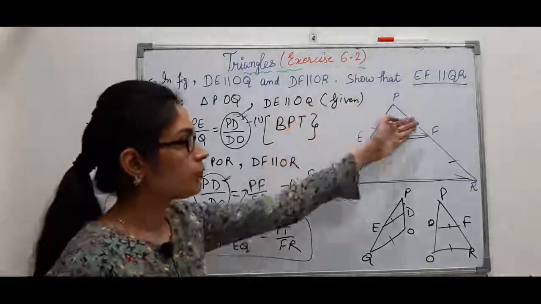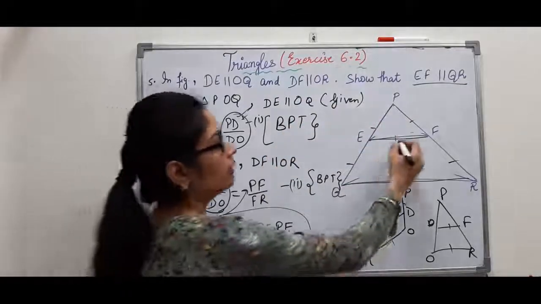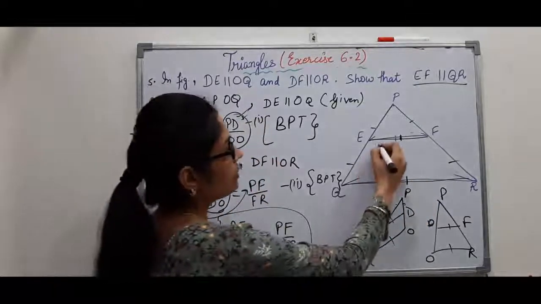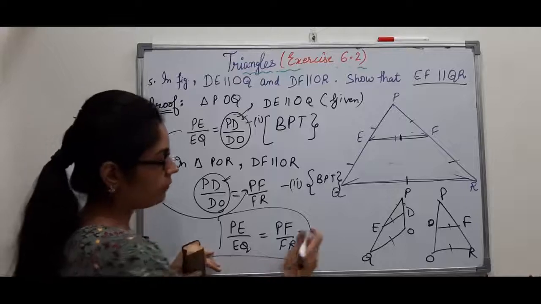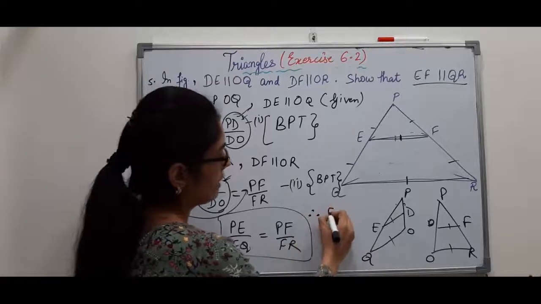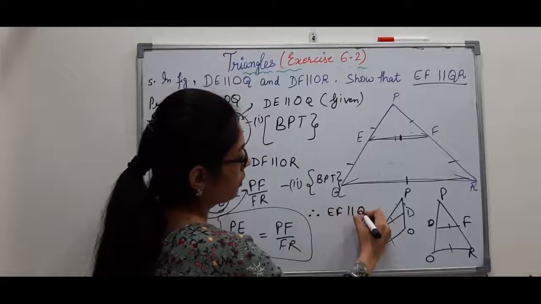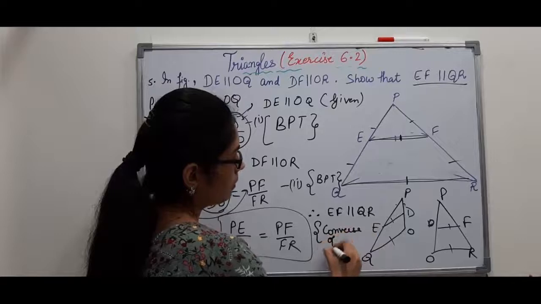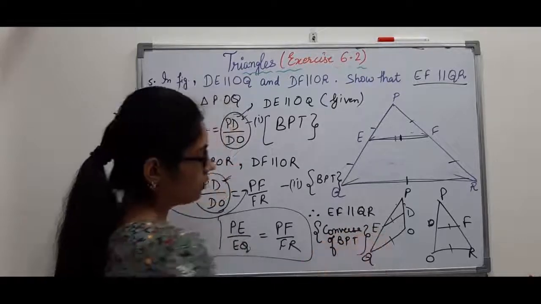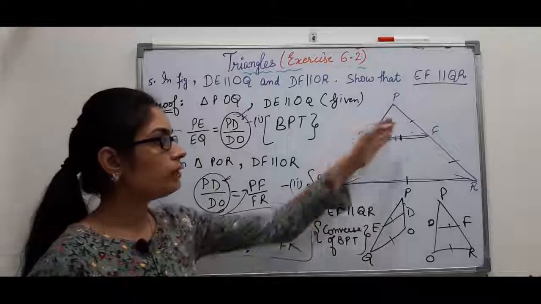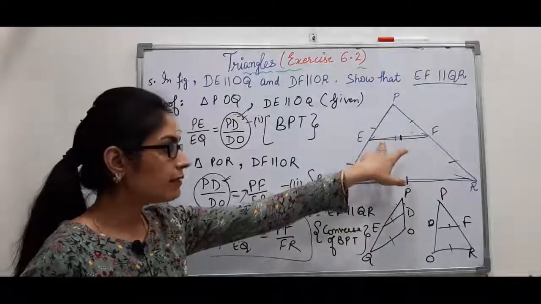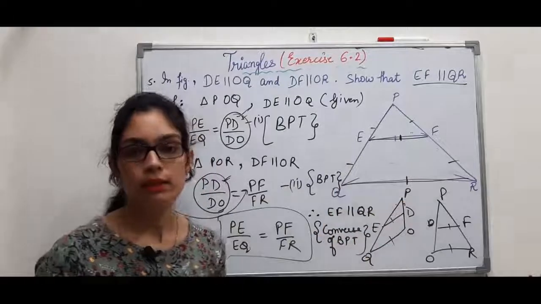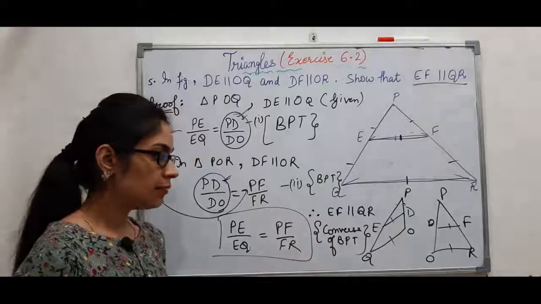If the sides are in the same ratio, then these two lines are parallel to each other. So you can write, therefore EF is parallel to QR, and the reason you can mention is the converse of the basic proportionality theorem. If the sides of the triangle are in the same ratio, then this line is parallel to the third side of the triangle. This is according to the converse of the basic proportionality theorem.